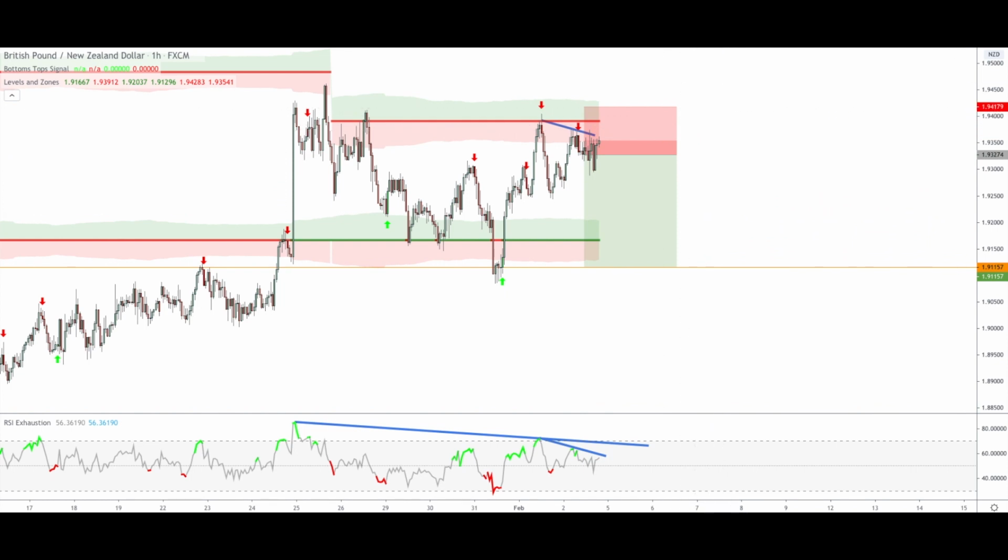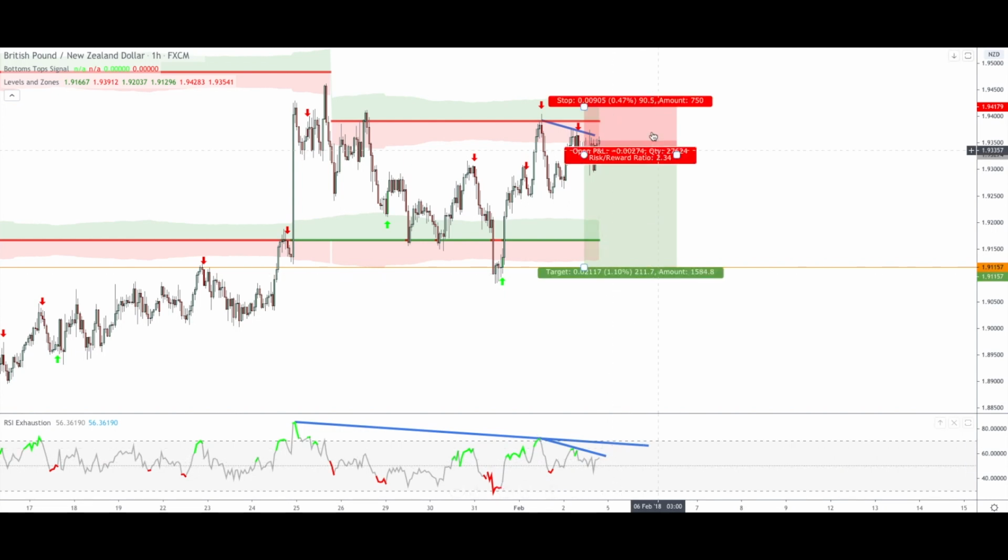Maybe different trades might have different approaches, but in this case I prefer to stay a bit more aggressive on the target side and play safe on the stop loss side. The thing that I see down here in the RSI is that it is decreasing, which is good because it means that the price should eventually fall.